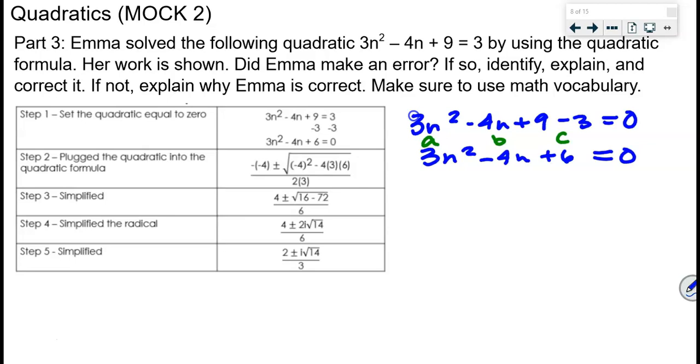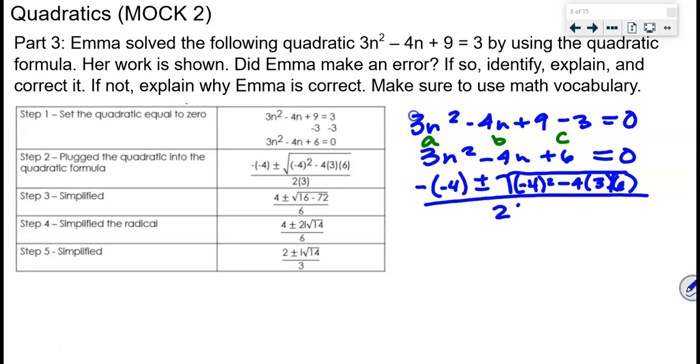So we're going to go negative b, so negative negative 4, plus or minus the square root of b squared. So that's going to be negative 4 squared minus 4 times 3 times 6, right? That's a 6 right there, y'all. Okay. So all over 2 times a, so that's 2 times 3, okay?